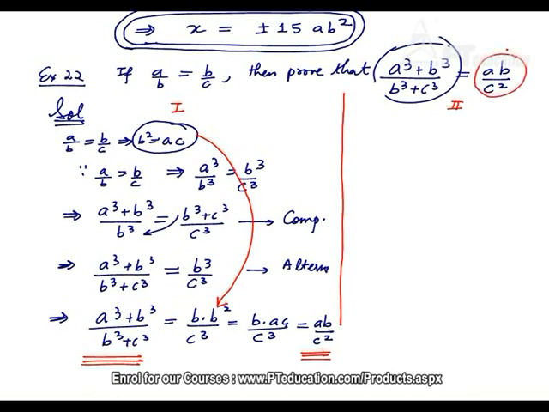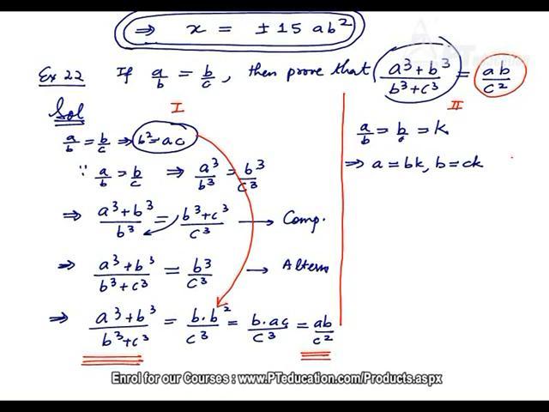Now the second method. The second method is very simple, which says let a by b is equal to b by c is equal to k. So that means a will be bk and b will be ck.